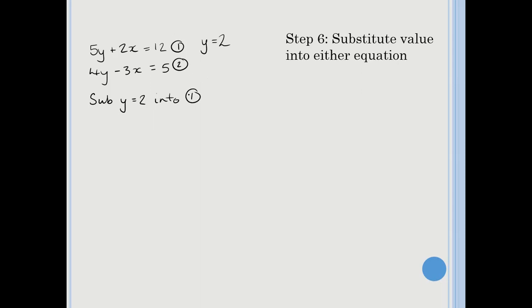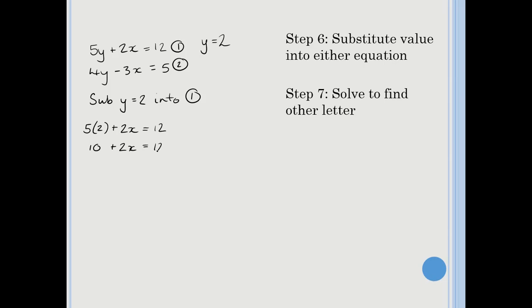I'll put it into number 1 this time. So I've got 5 times 2, add 2x equals 12. So that's going to give me 10, add 2x equals 12.